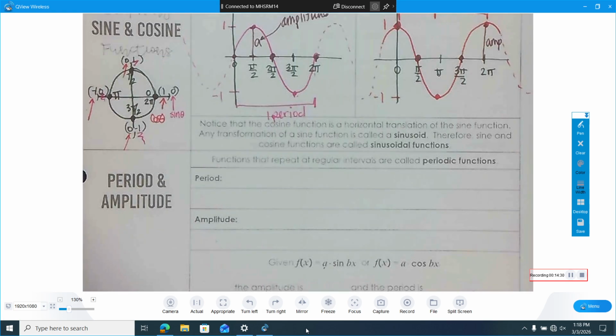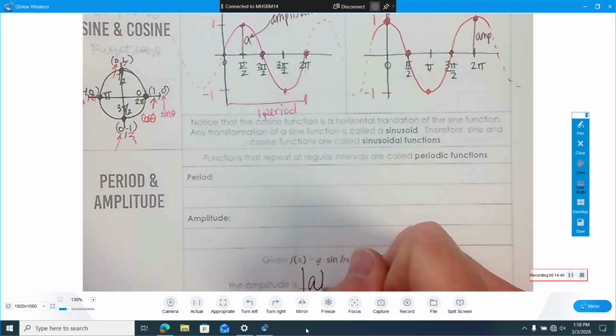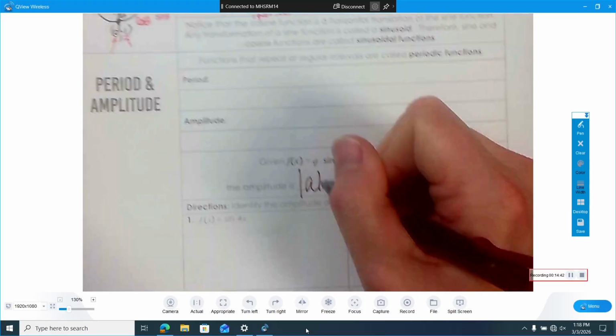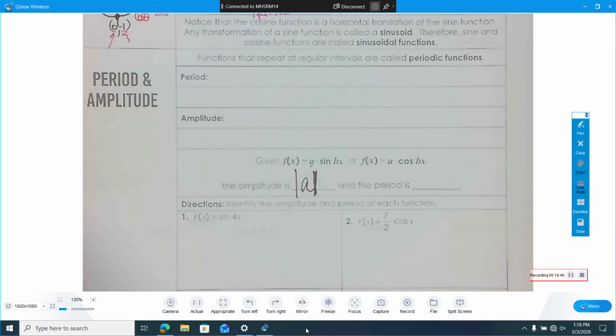If I multiply it by a number like 3, what's going to happen to that 1? It becomes a 3, okay? So this number in front is the amplitude A. We always talk about amplitude as a positive value, so it's always the absolute value. The amplitude is the absolute value of whatever that A value happens to be. It's going to be the vertical stretch. It's going to stretch our curve taller, okay?